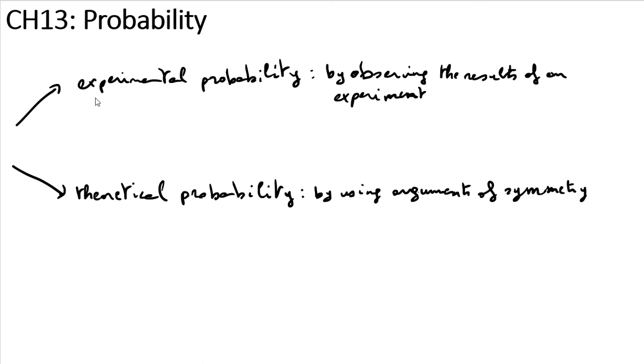Let's take an example for the experimental probability. So in the month December, we had 10 math lessons.